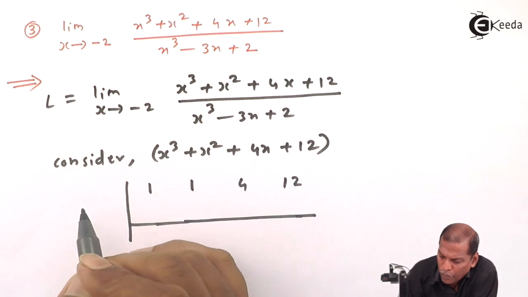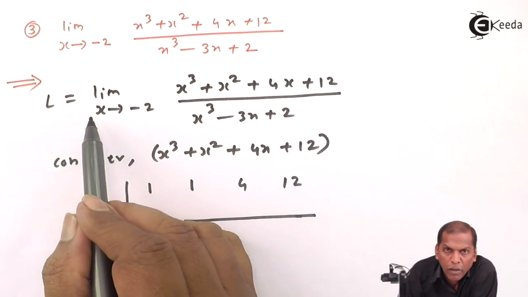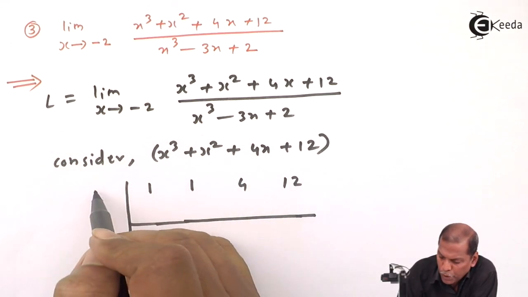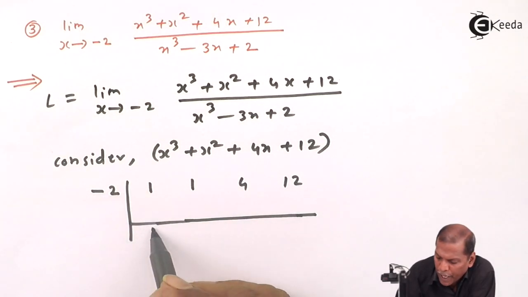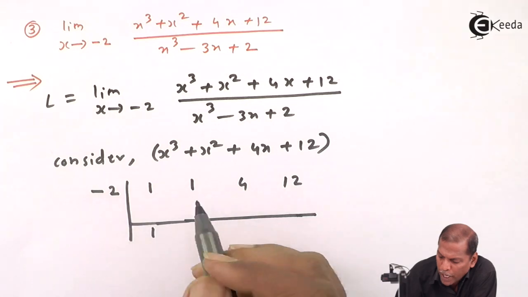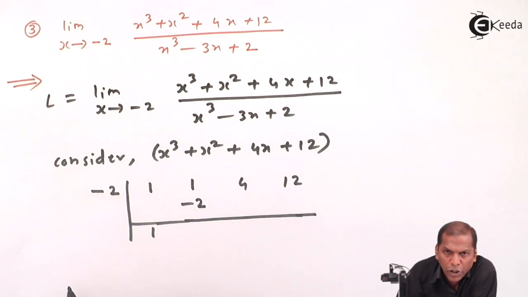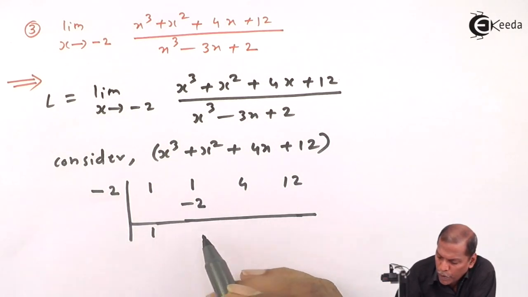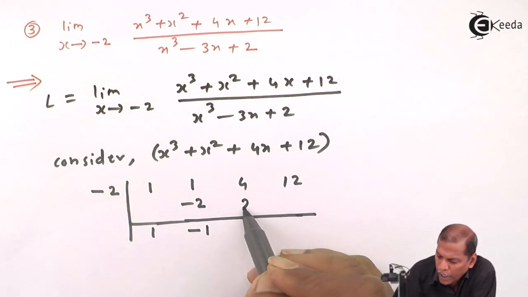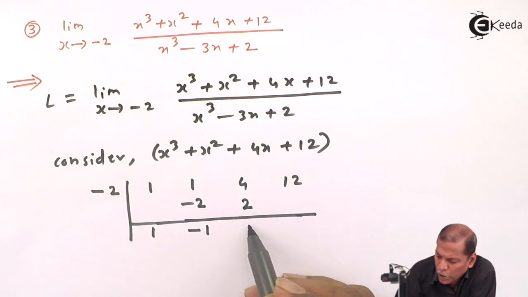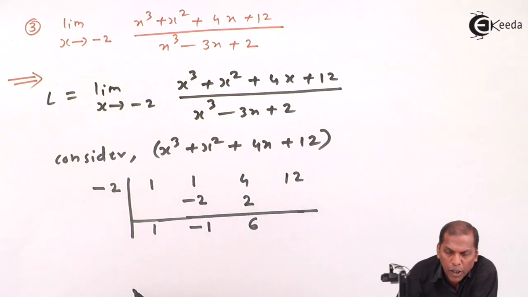Here we start from the given limit as minus 2, so we start from minus 2. First term 1 we write as it is, then 1 into minus 2 gives us minus 2. Minus 2 plus 1 we get minus 1, then minus 2 into minus 1 we get plus 2. 4 plus 2 gives us 6.